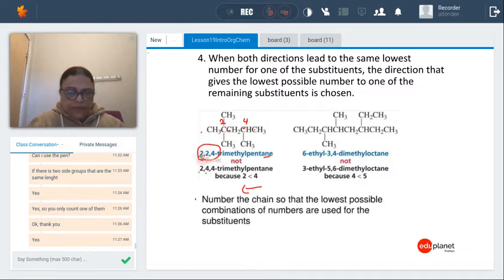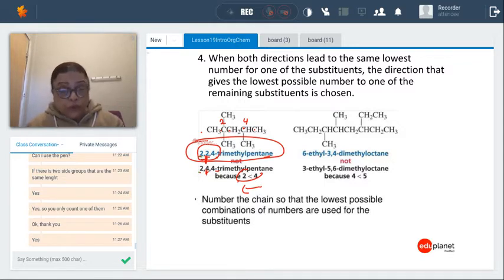2, 2, 4 is a smaller number than 2, 4, 4. You see that this 2 is smaller than this 4. 2 is smaller than 4. This is the right name. So it is not 2, 4, 4-trimethyl, but it is 2, 2, 4-trimethyl, because you look at the combination.